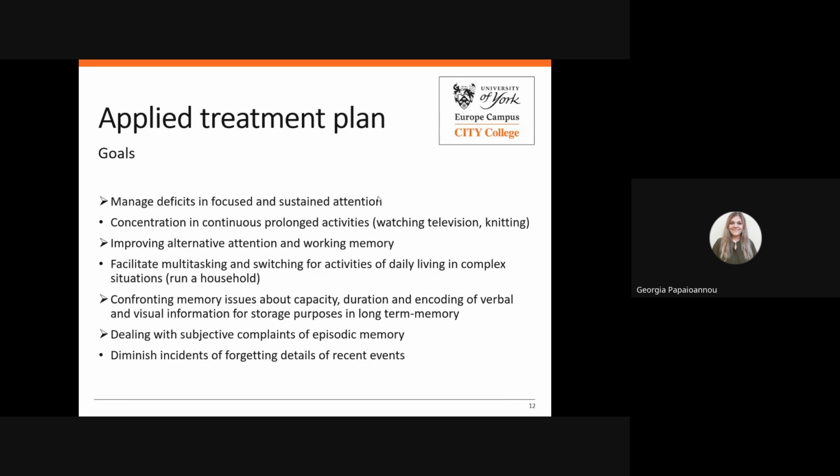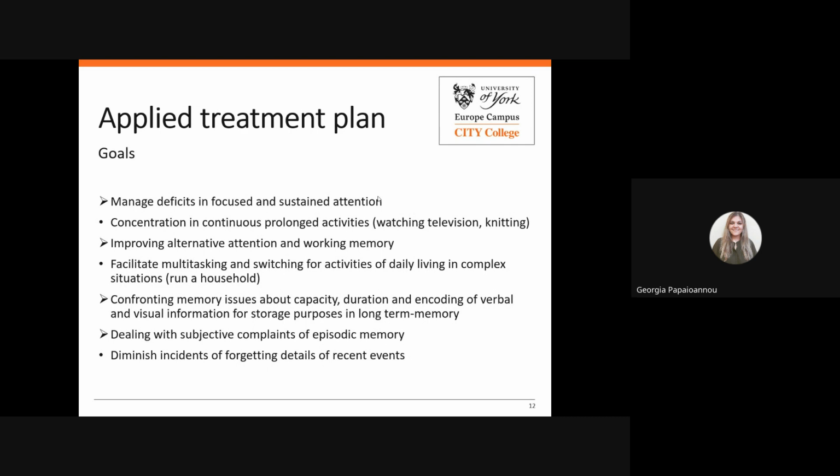to manage the deficits she had in focused and sustained attention. But how can this actually reflect to her everyday life? This means that she will have to get better in concentrating in continuous prolonged activities.